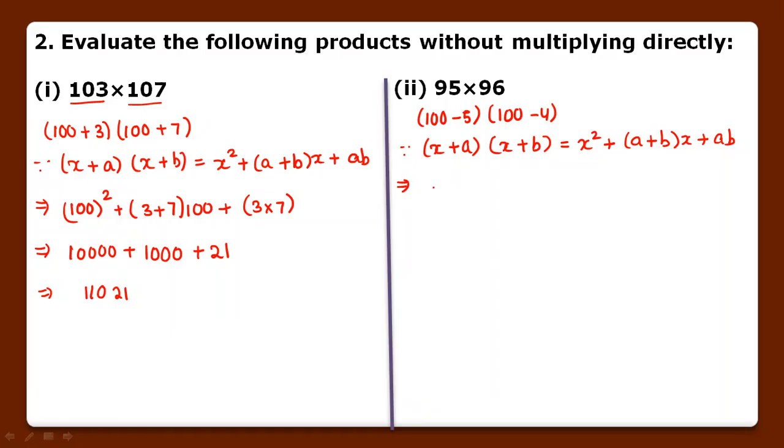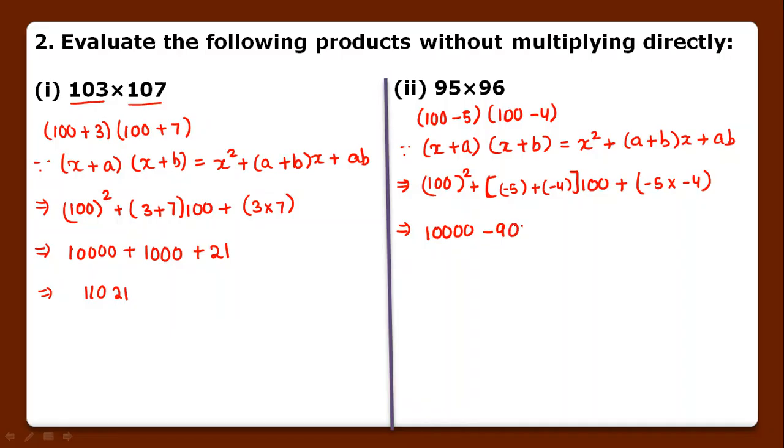Here our x is 100, so 100 square plus a is minus 5 plus b is minus 4, into x, x is 100, plus ab, minus 5 into minus 4. That gives 10,000 minus 5 minus 4 is minus 9 into 100, and minus 5 into minus 4 is plus 20.